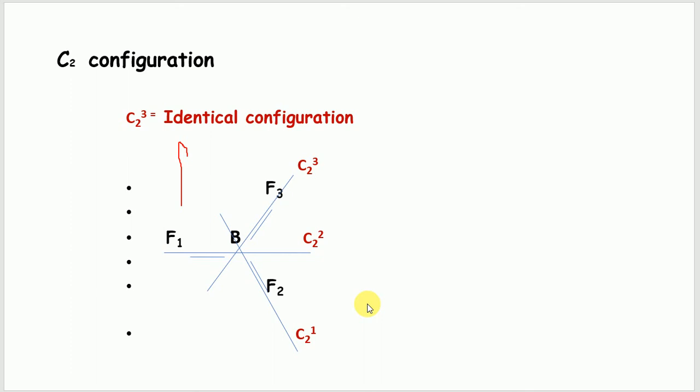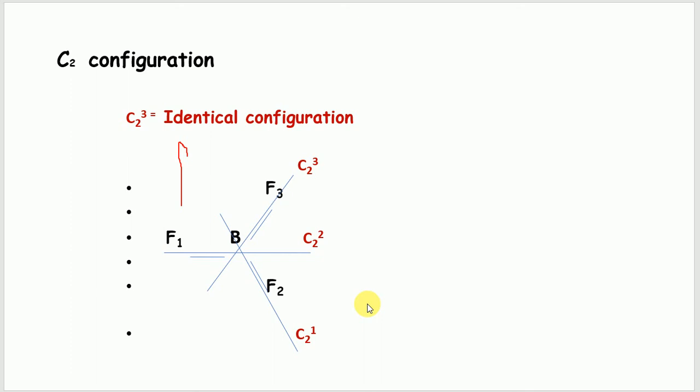In the benzene molecule, other axes are also present. That is, the C6 axis itself is also a C3 axis. If the molecule is rotated by an angle of 120 degrees, then an indistinguishable configuration will also result.